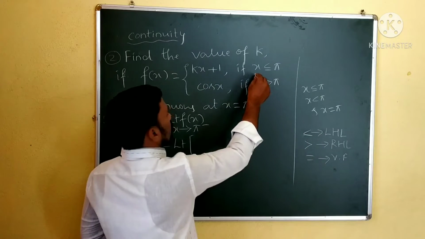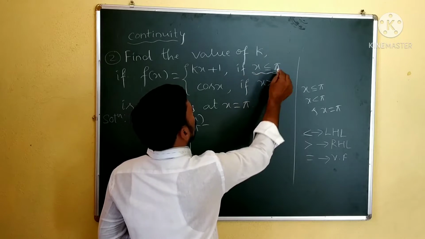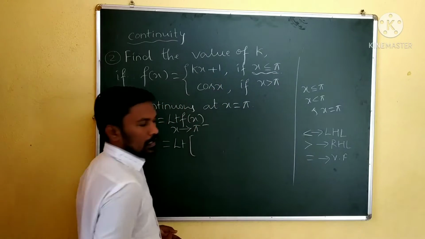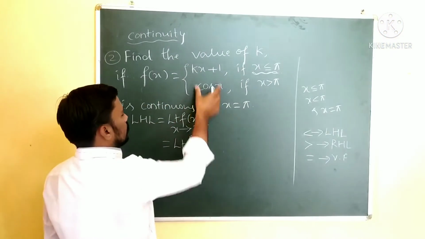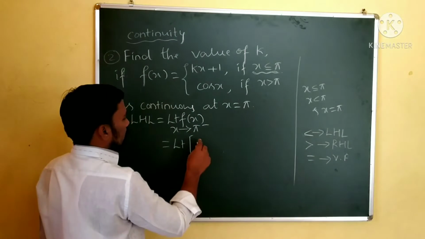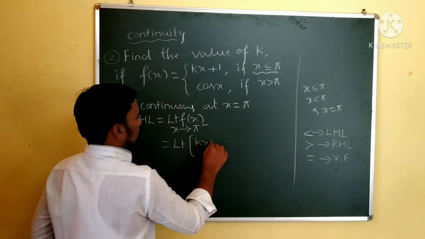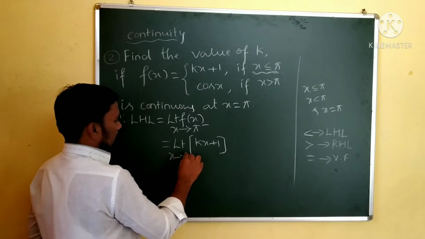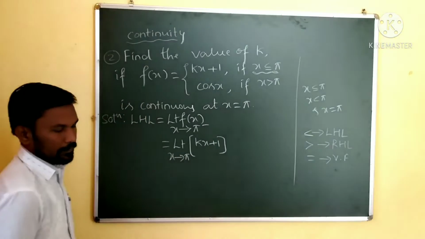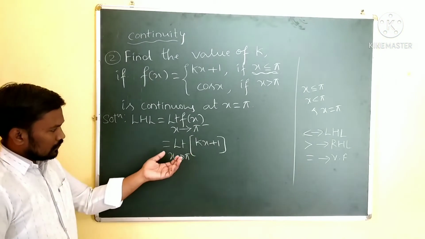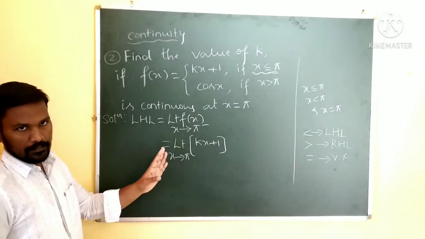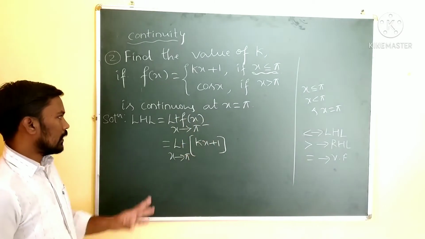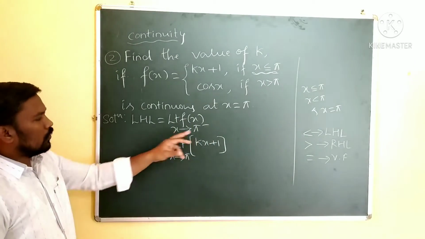In this particular interval, the value of the function will be kx plus 1. So now let us replace f of x by kx plus 1 as x tending to pi minus. That is not minus pi. The negative sign simply indicates the left hand limit. It's a notation.